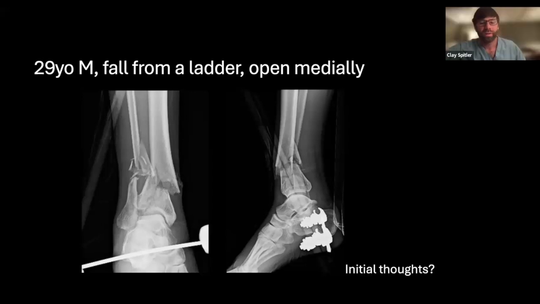Well, I think stage one is really important, right? If you're not going to set yourself up for success, it's a thorough, adequate debridement. It looks like we've got a single pin in the distal segment, and you can see the standard anterior to posterior tibial pins proximal to where they're visible on the X-ray.